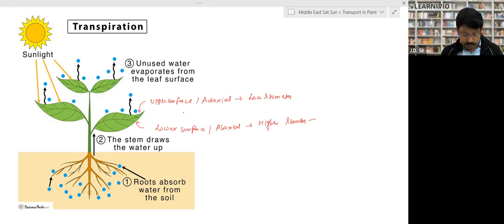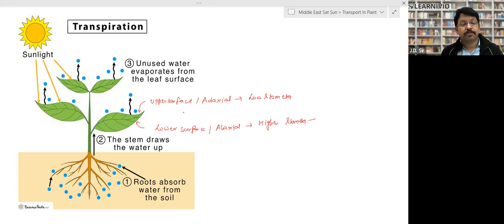Full stop. 98 to 99% of water absorbed by plant is lost in transpiration.